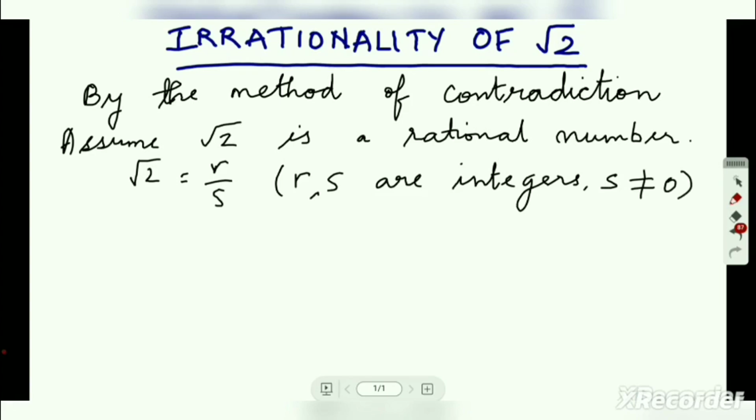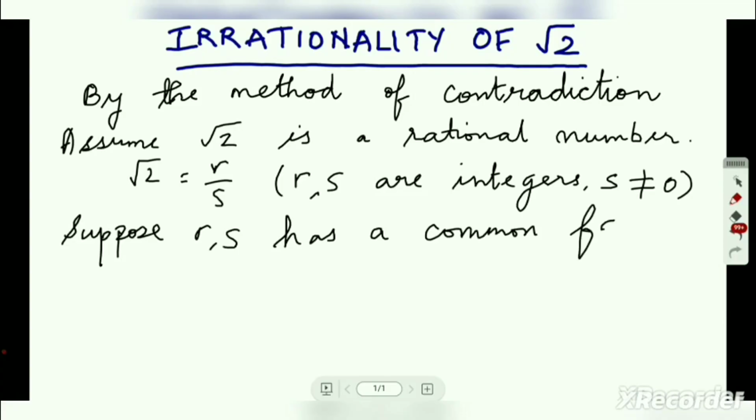Now I'm assuming another thing, that r and s have a common factor other than 1. If it has a common factor other than 1, I can simplify it using this common factor. That is, now root 2 is equal to r by s.